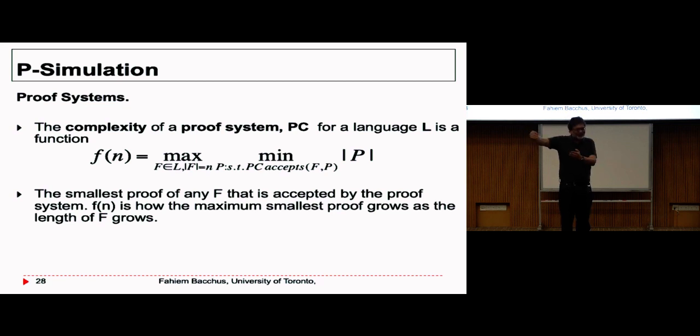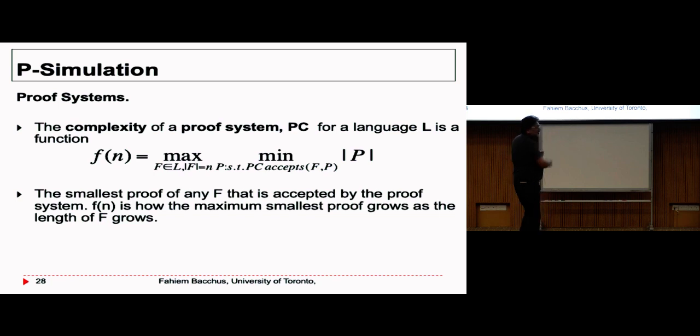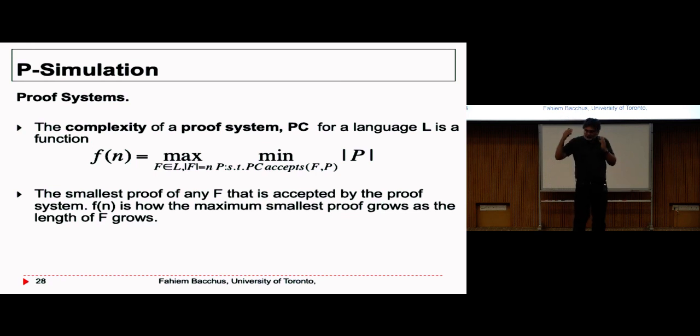So this string has a really long proof, has no shorter proof. And that is going to be the complexity of my system. So in other words, a worst case complexity. It's saying that there are formulas of length n that have some very large proof, and the minimum size proof is very large. And we know that resolution has exponential complexity. There are formulas of length n that have 2 to the n length, or exponential length, proofs as their shortest proofs. Okay?